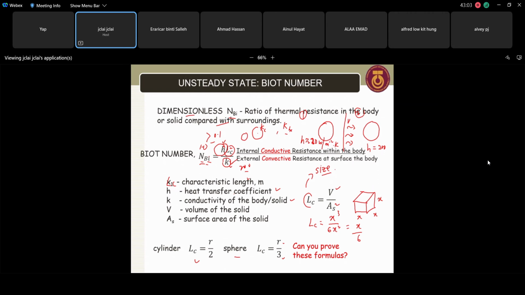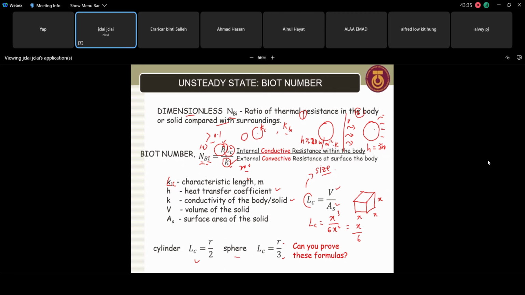But when you have very high H and maintain K, heat will be lost from the surface to the surrounding very fast, because when H is high, heat can be lost through convection very fast. So the temperature at the surface of the body will drop very fast, right?